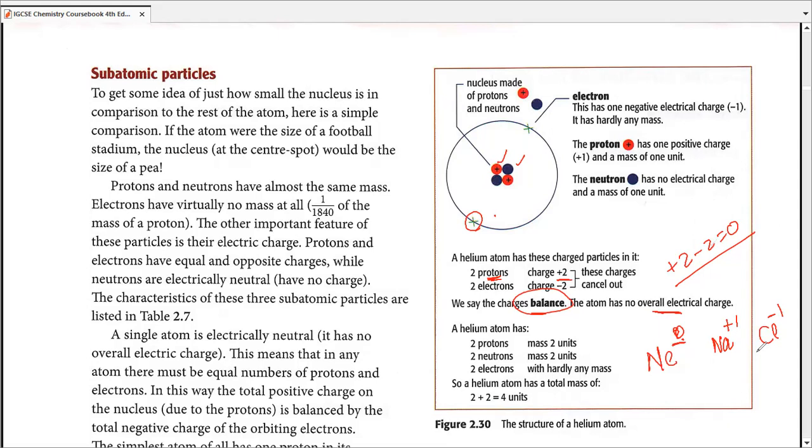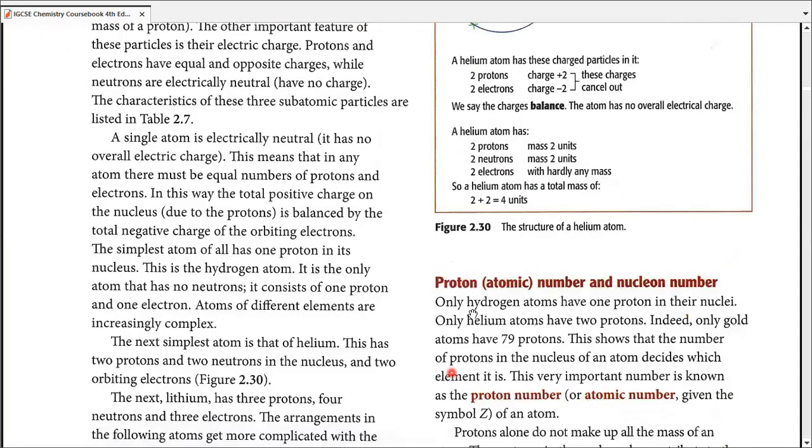So the net charge on a negative ion is negative, as the name suggests, and that of a positive ion is positive, of course, as the name suggests too. That's why we say an atom is a neutral species, but ions are electrically charged. So atoms have the same number of protons and electrons, but ions will not. And that's why we have different terms, atom and ion.